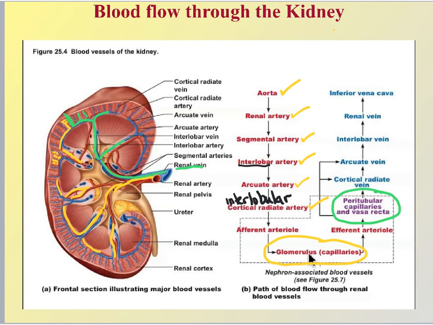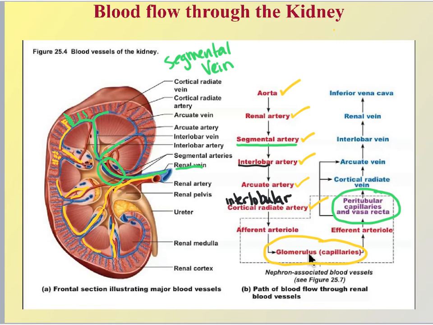Some textbooks will say that this section right here of that renal vein is actually what we call the segmental vein. But your textbook, the author explicitly states that there is no such thing as a segmental vein. We've got a segmental artery, but there's no complement. There's no segmental vein.